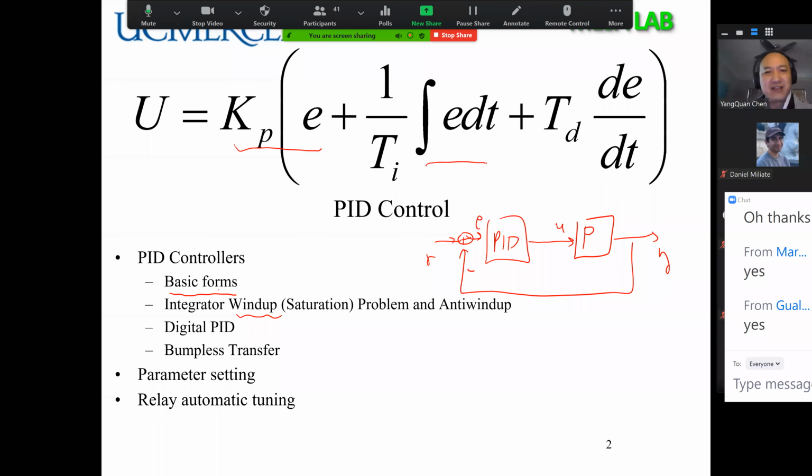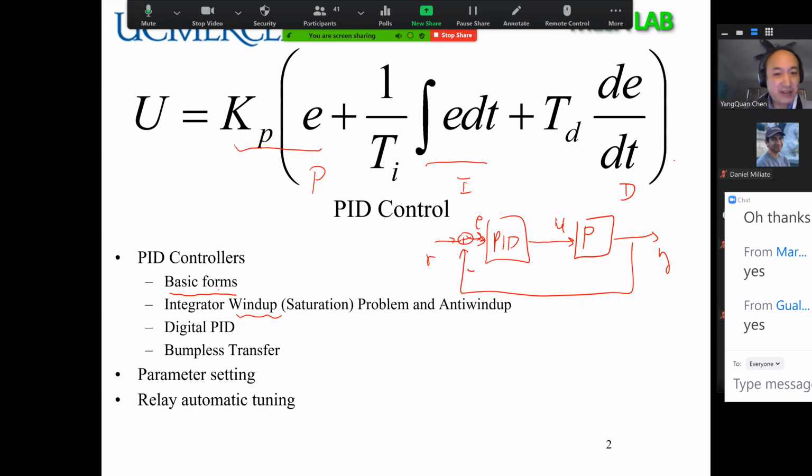I integrate this E, then it's called I. Then d dt is D, right? So it's PID, okay? So remember, this PID input is E, output is U. So that's the basic form in this equation.